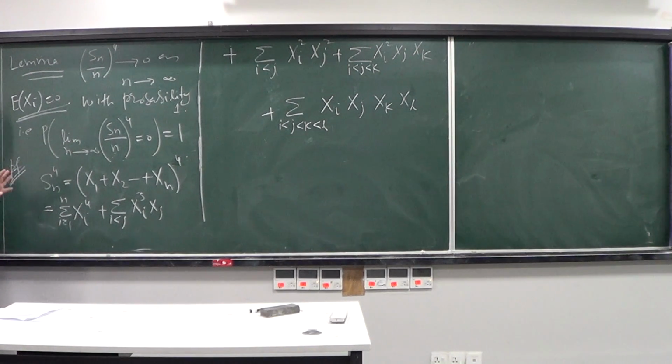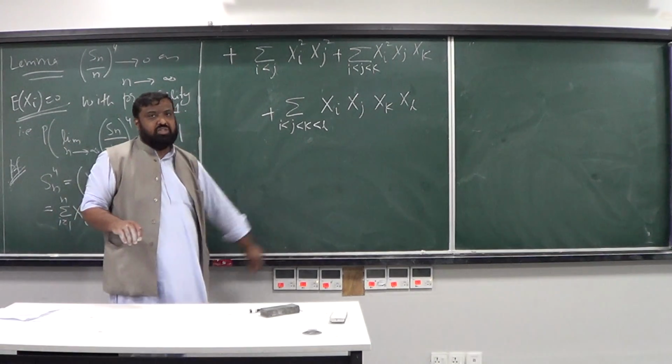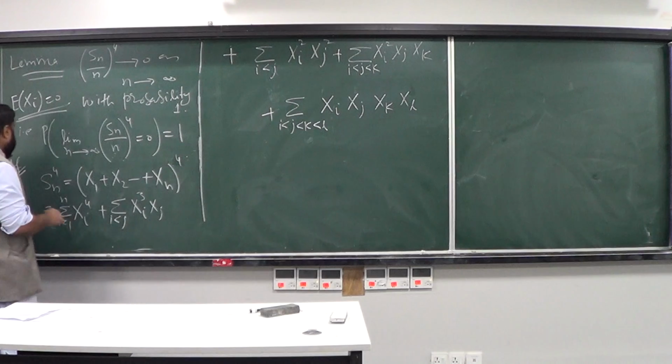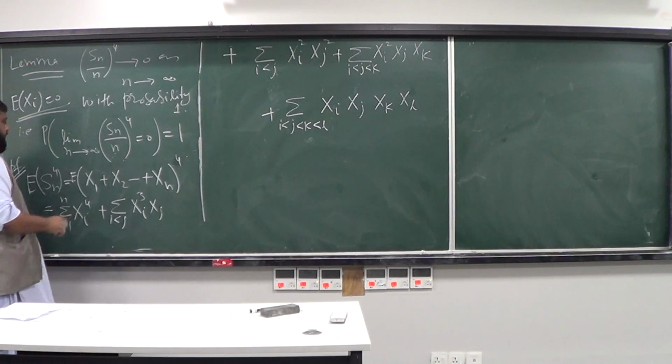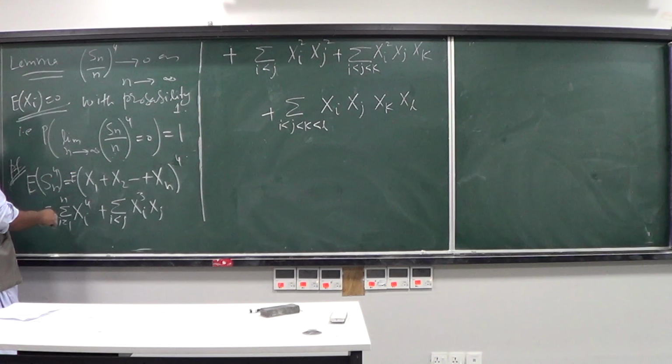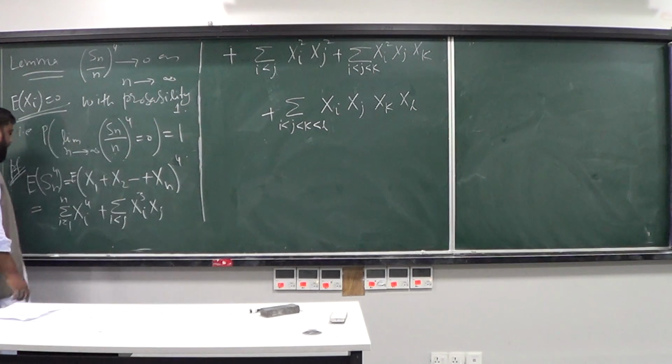So there can be only 4 types of terms, nothing else. Now if I compute the expectation of Sn power 4, this would be the same as computing the expectation of this sum. But the expectation of the sum is the sum of expectations.